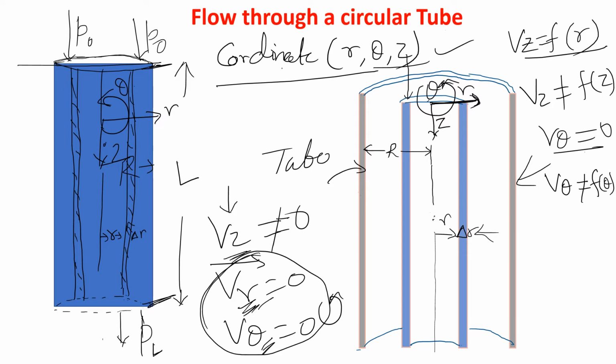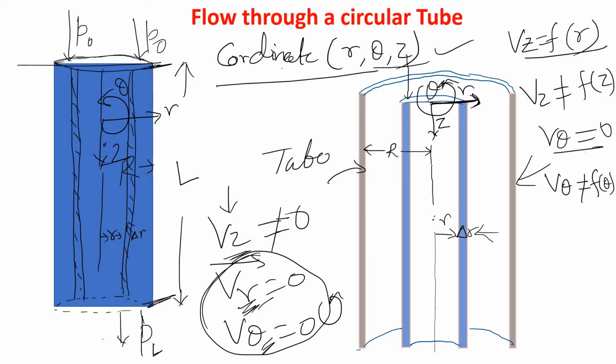We have to take a cell of small dimension in the direction of change. In this condition, only one component of velocity is changing, in only the z direction. So we considered vz as a function of r, right?